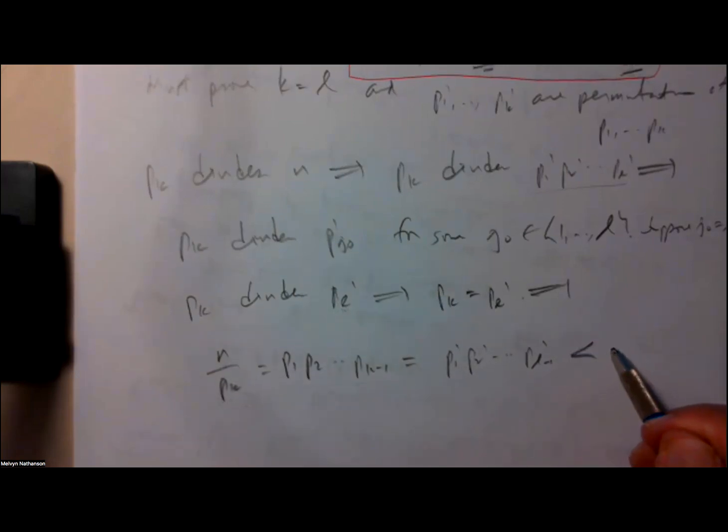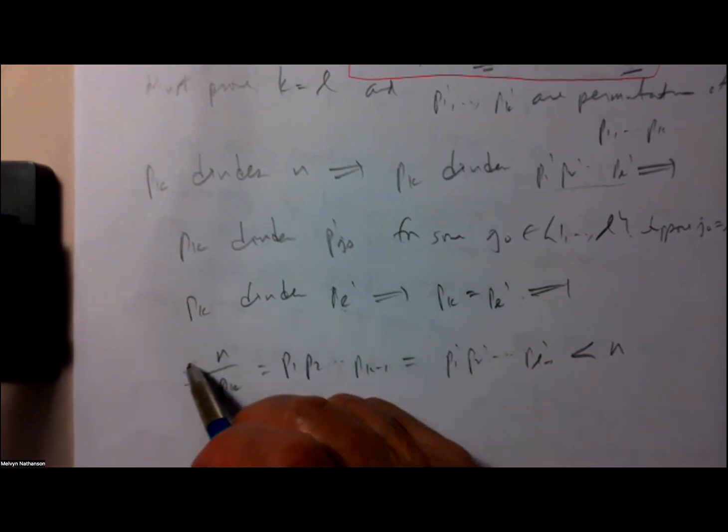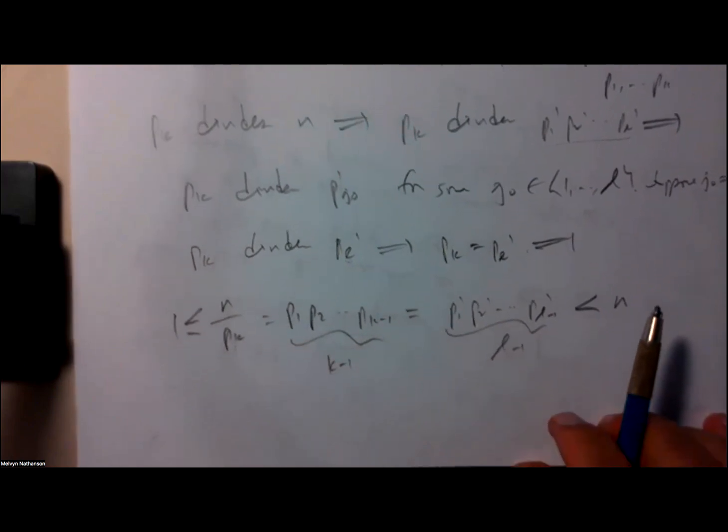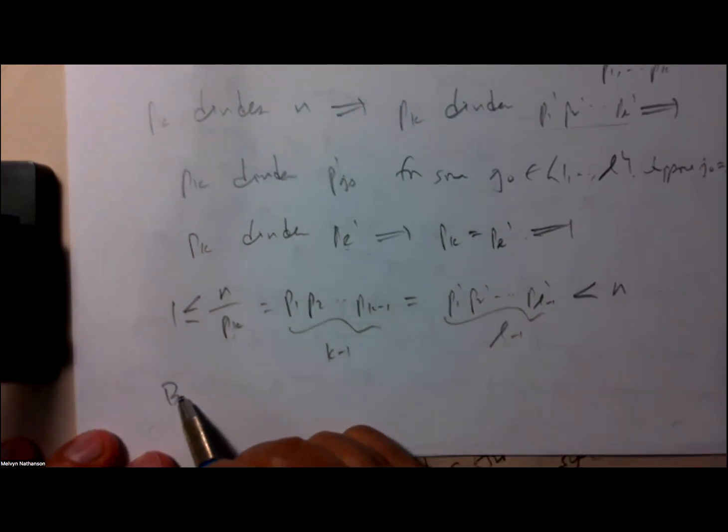This is a number less than n. Just take a number, divide it by something 2 or bigger, so you get something smaller. It's a positive integer, less than n. And here I have a factorization in k minus 1 primes. Here I have a factorization in l minus 1 primes.